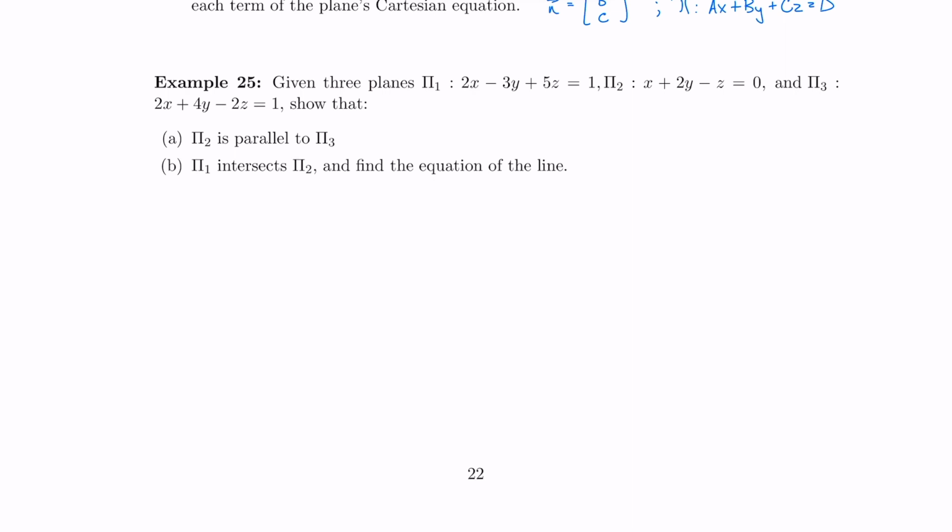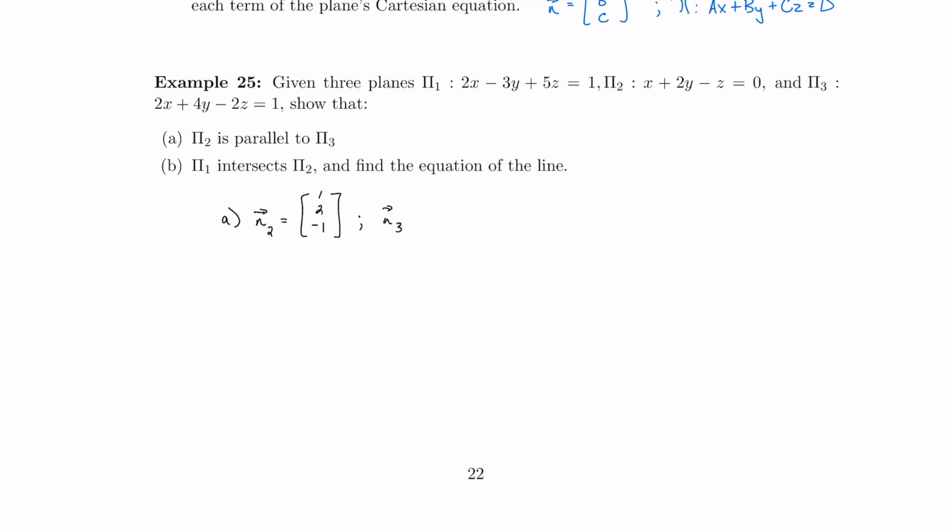So, given these three planes in our next example, let's first show that pi 2 and pi 3 are parallel to each other. And just as I said, in order to do that, we want to find direction vectors or normal vectors. So my normal vector for plane 2 is just the coefficients. My coefficients are 1, 2, and -1.